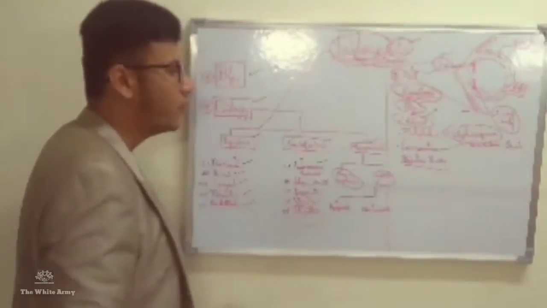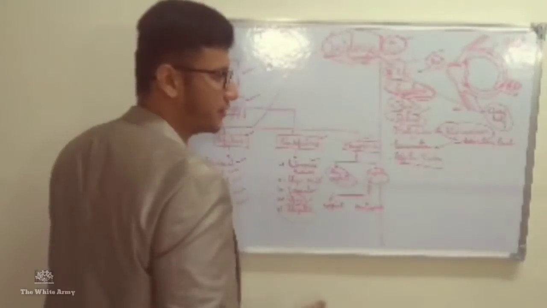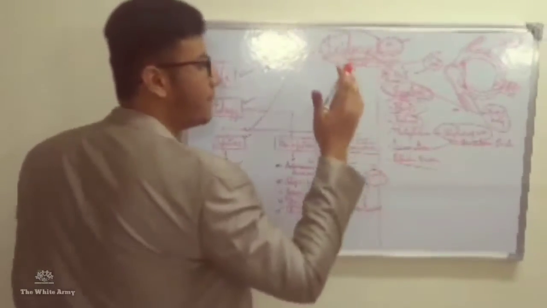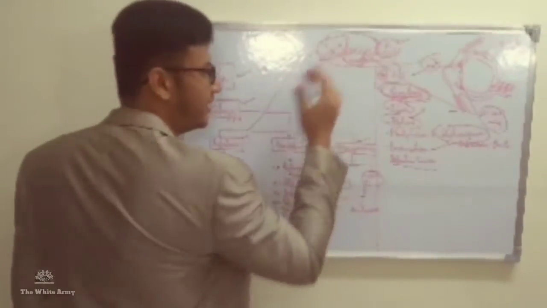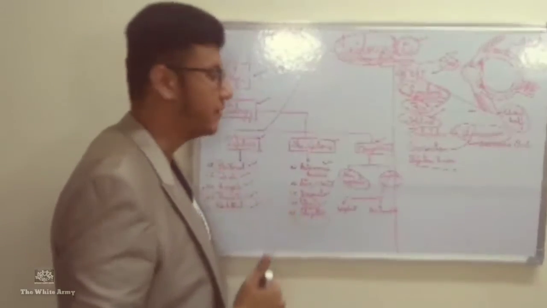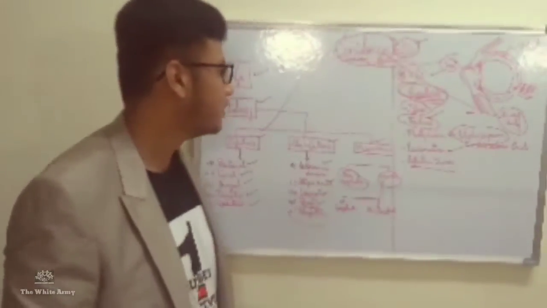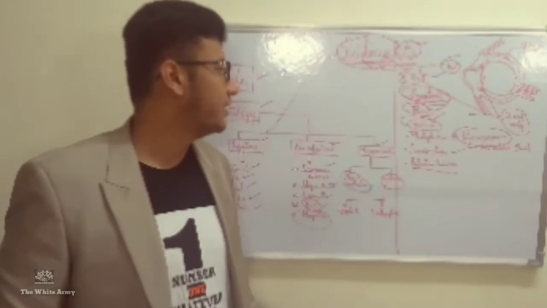Now we will understand one by one the symptoms mentioned here. The main symptoms with which a patient comes to you with iridocyclitis are pain, redness, photophobia and blepharospasm, lacrimation and defective vision.